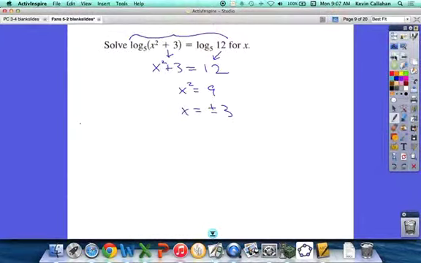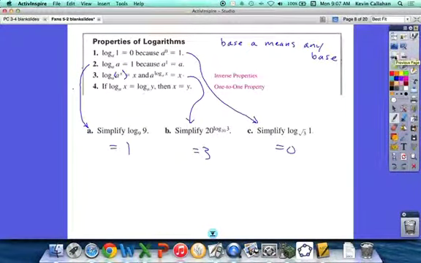If you go back to those properties that we had, that's what this number 3 is. This is the composition of a logarithm and an exponential. That's why when you take the composition of the log of the exponential, you get x. When you do the exponential of the log, a to the log a, you get x, because they're inverses of each other.